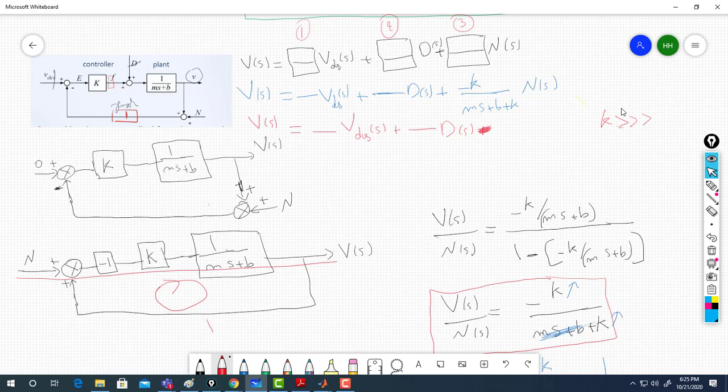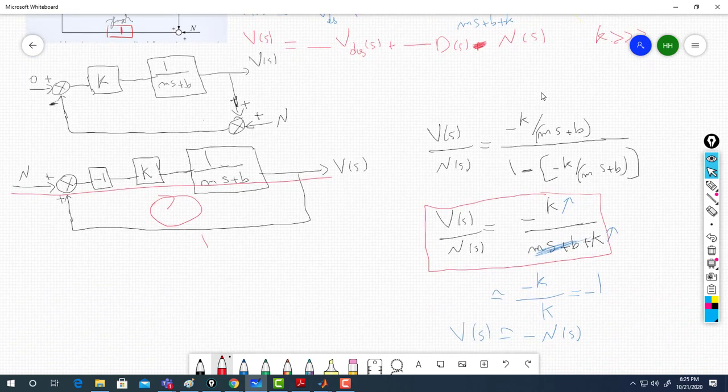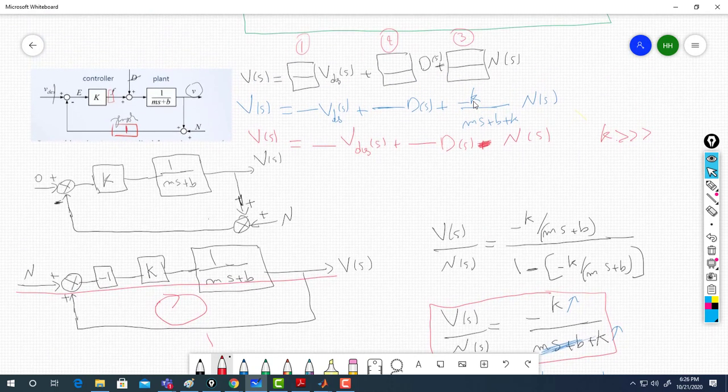Then minus, we said minus n of s, right? That's what we say here. This becomes minus 1. Okay, k very high, so minus n of s.